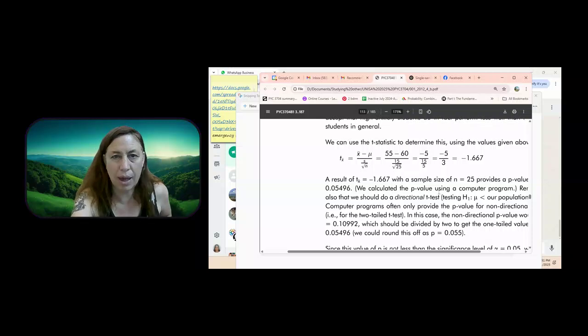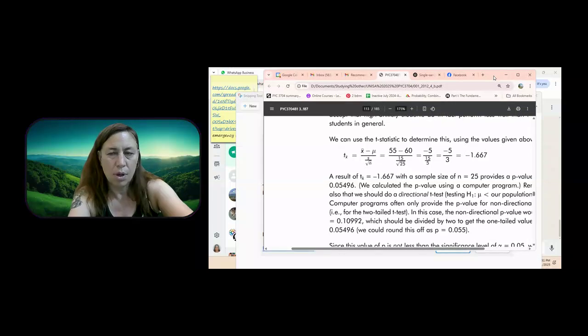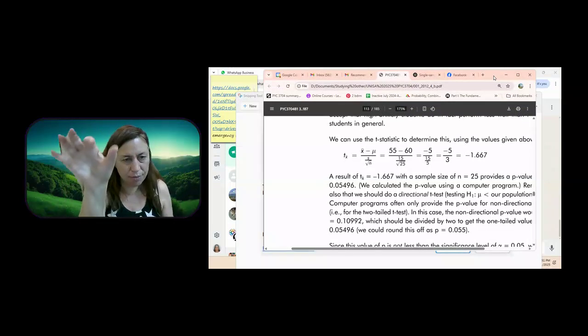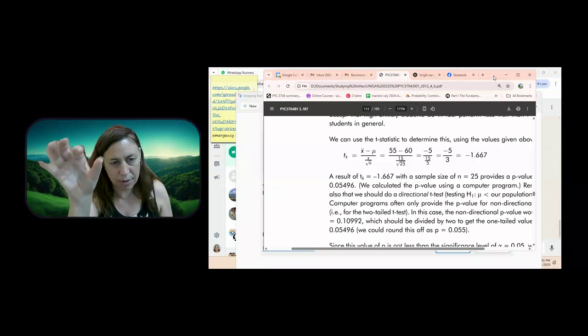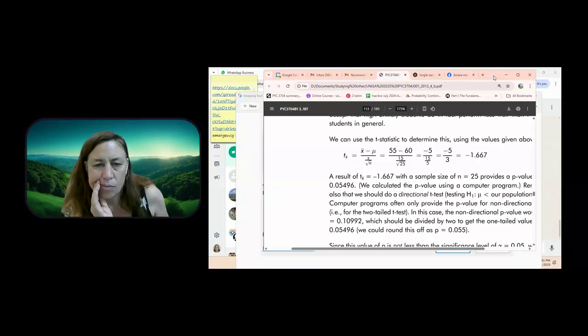If we were looking at a graph, we would be looking at that distance from the mean, 1.667, to our standard deviation.